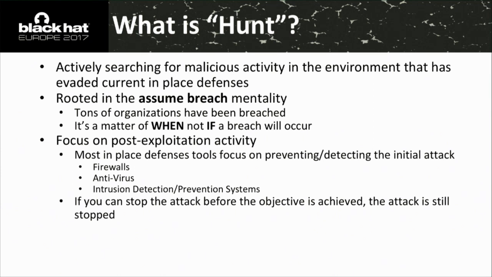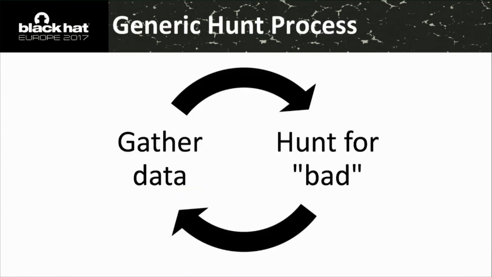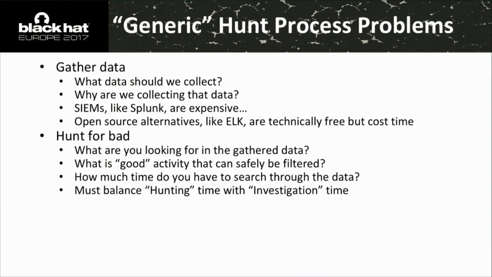So what does a normal hunt cycle look like? The generic beginning-level hunt process that we would a lot of times see is two-part, where you gather data and then you hunt for bad, and you're trying to find that APT in your environment. The problem with this, next slide, is also two-part. When you're gathering data, not all data is equal, and not all data is really as useful.